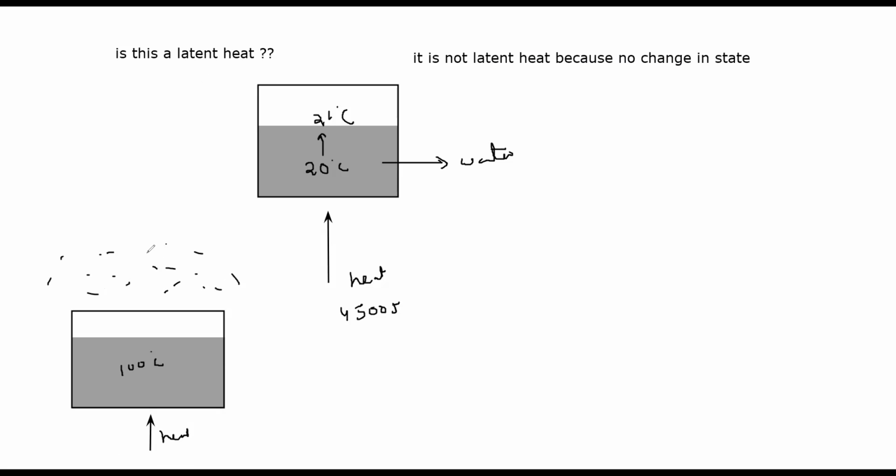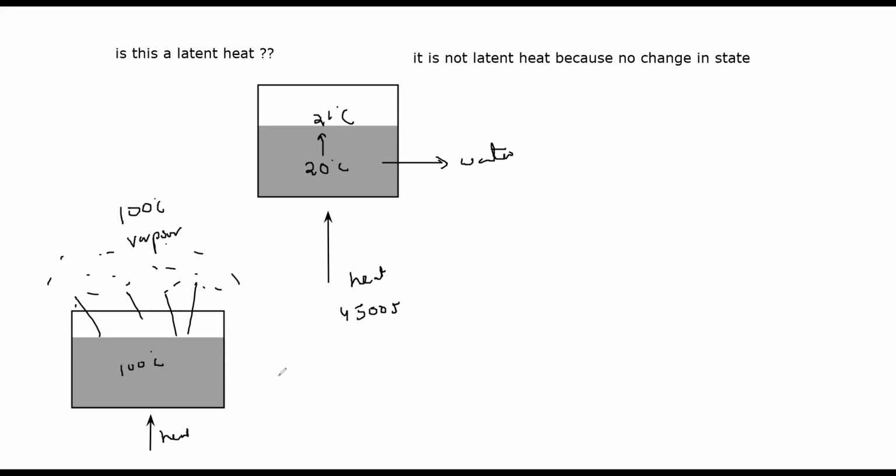What will be the temperature of these water vapors? The water is converting into vapors. What will be the temperature of the water vapors? That's also 100, because they're changing the state. That's why there's no change in temperature.